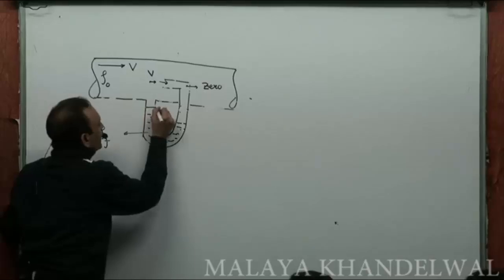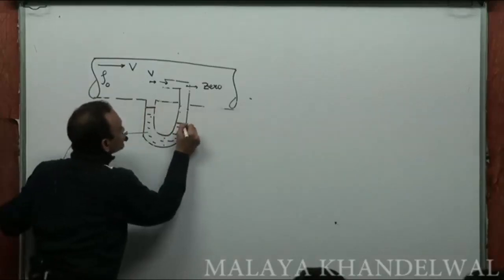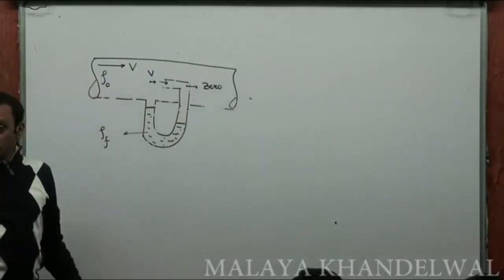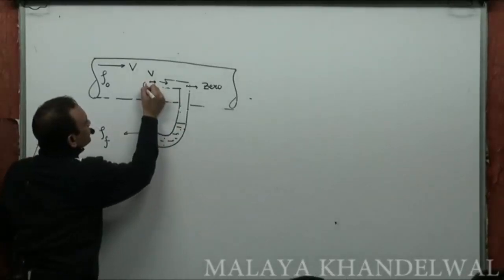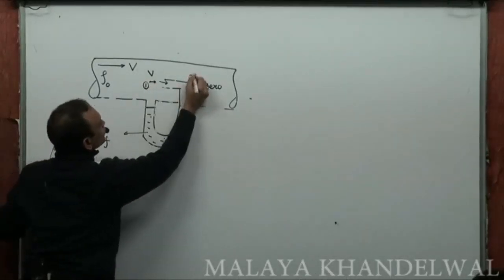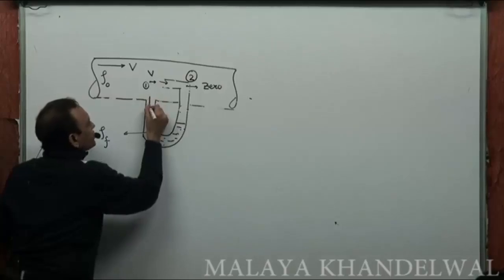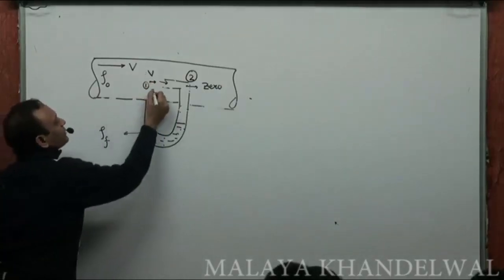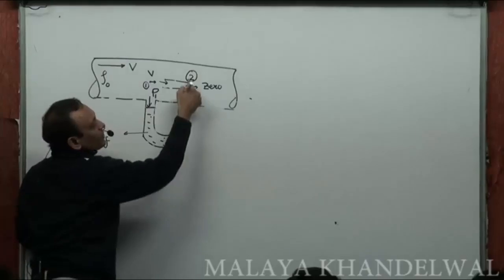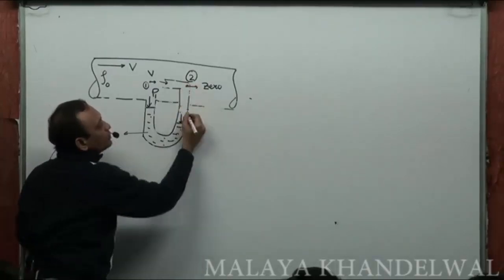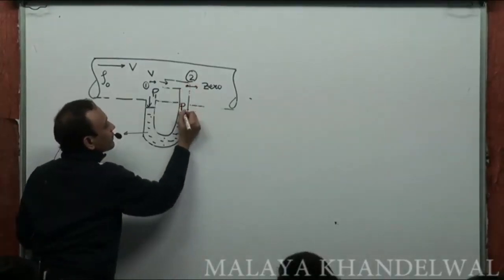Consequently, the level of the fluid in the two limbs will become unequal, right? Let's say this point was 1 and this point was 2. The pressure here is because of pressure at 1, P1, right? The pressure here is because of pressure at this point, which is 2, P2, right?